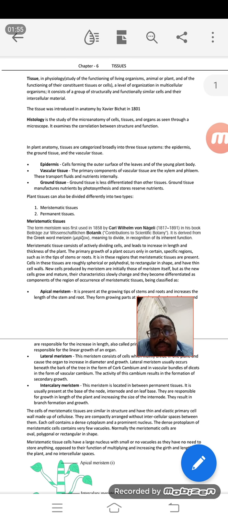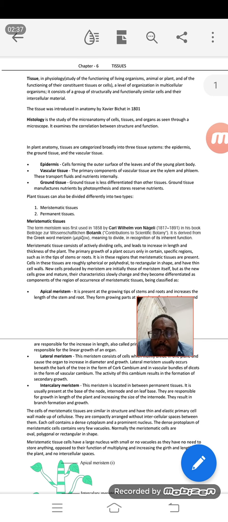If you want to give a definition, a tissue can be defined as a group of physically linked cells and its associated intercellular substances that is specialized for a particular function or functions.